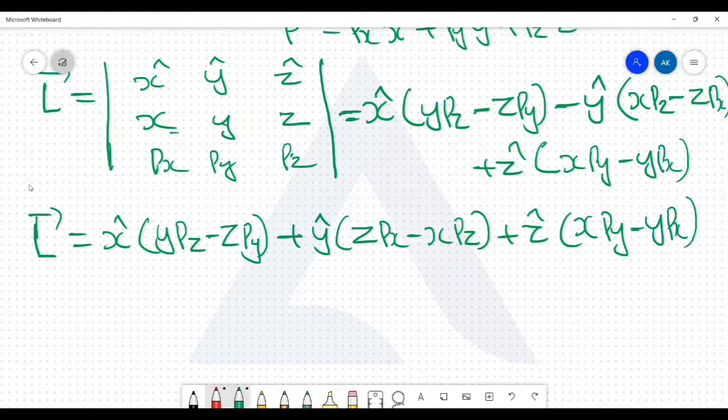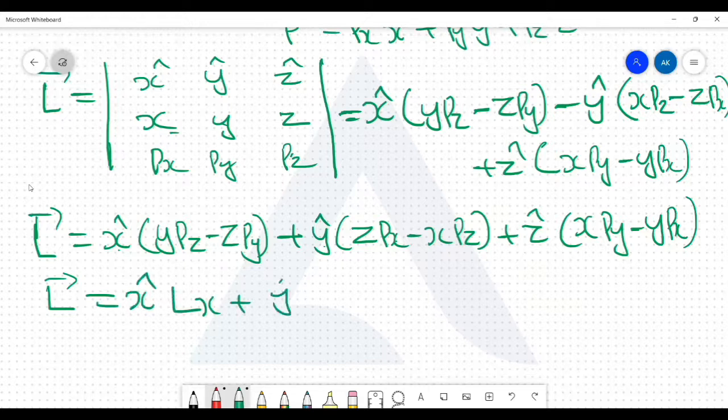So there is a symmetry: x, y, z; then y, z, x; then z, x, y in cyclic order. So L is also equal to x-cap Lx plus y-cap Ly plus z-cap Lz.